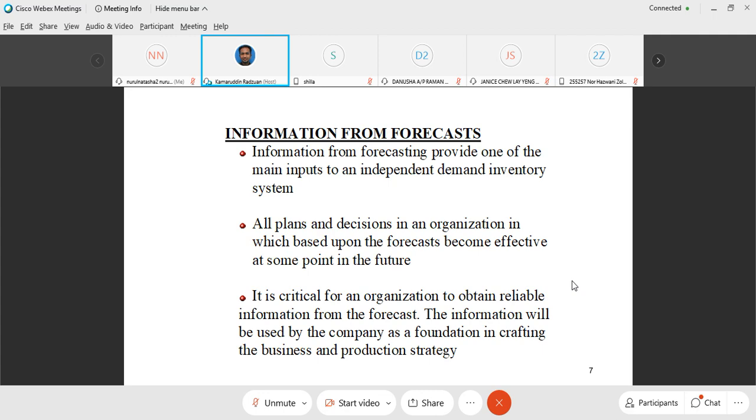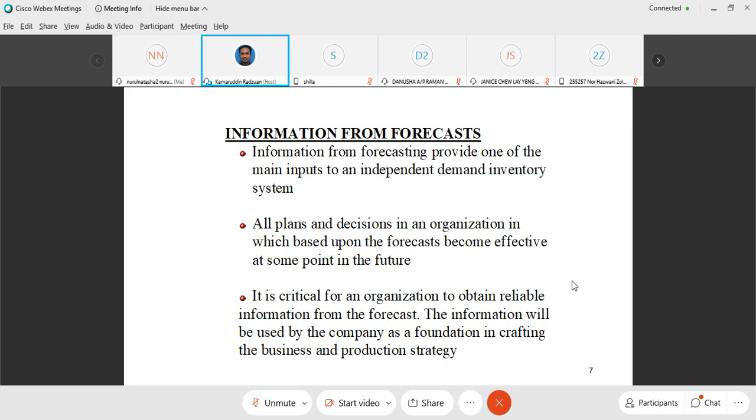Forecast ni banyak kan kelebihan dia penggunaan dia. Kita buat forecast juga untuk tujuan business growing kan. Jadi kita juga akan buat forecast tentang penggunaan teknologi. Jadi banyaklah penggunaan forecast. Jadi kita tahu salah satu peranan forecast ni juga adalah untuk di dalam urusan inventory.